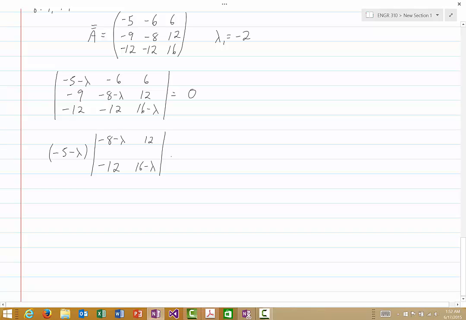Then we'll have minus a -6. Remember, this minus sign in front of the -6 comes in from the checkerboard pattern that we use for the coefficients.